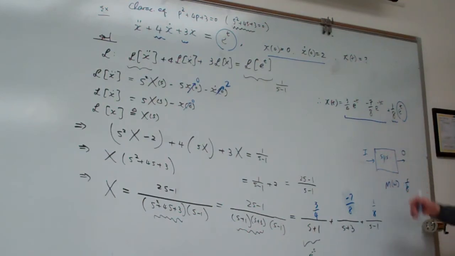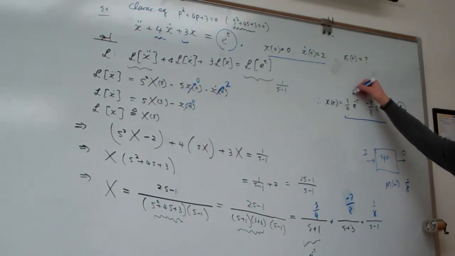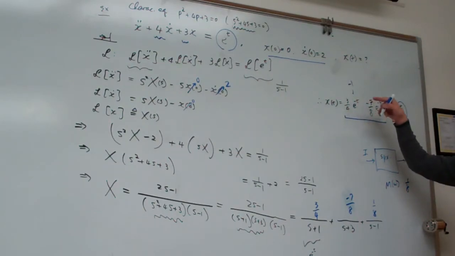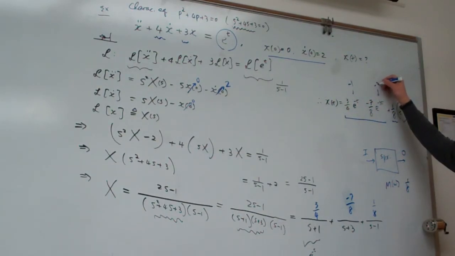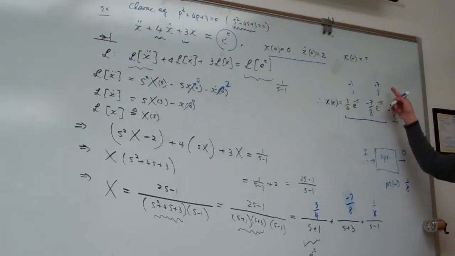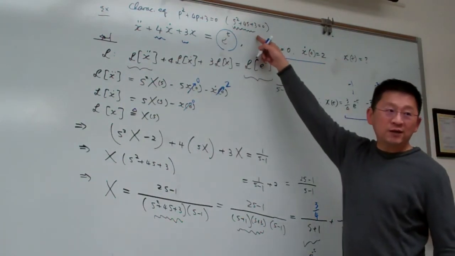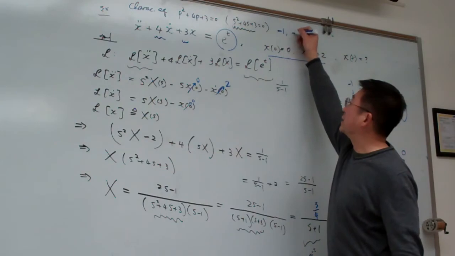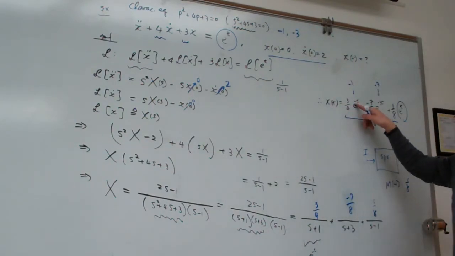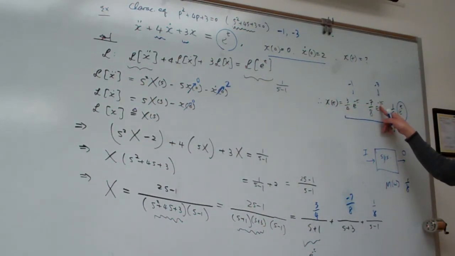Even I can tell you this is an exponent with the -1 root, and this corresponding is -3, right? I can tell you the characteristic equation has roots -1 and -3. That one I can tell from the numbers here. Good?